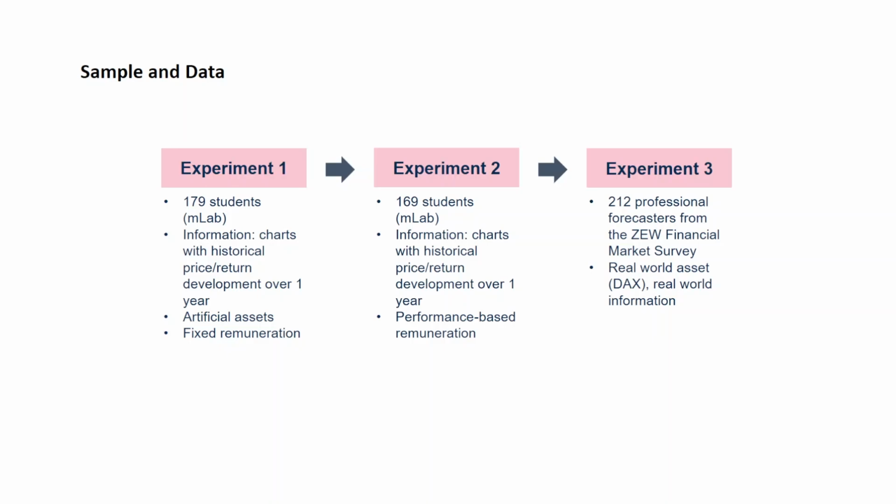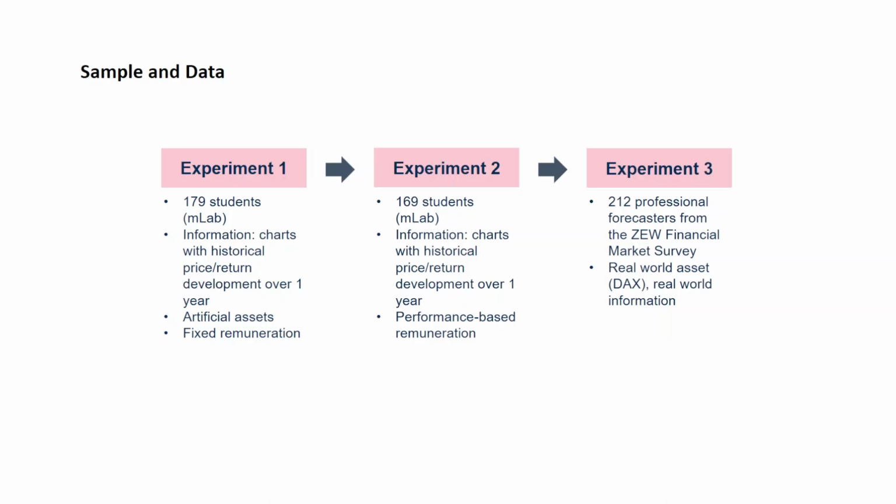They promised the students 21 euros when their forecast is within the interval of 90% accuracy. Otherwise, they would get 6 euros. In this way, they could understand whether the remuneration plays a role in our expectations.